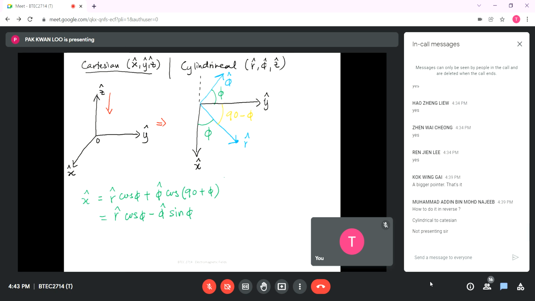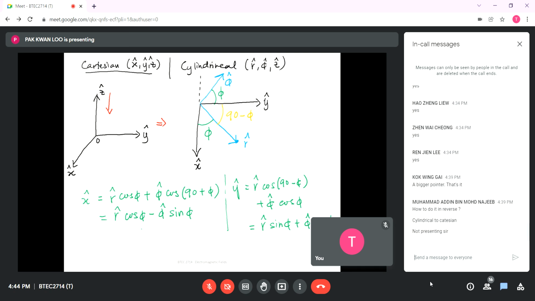So what about y? Y cap: projecting r cap to the y direction and projecting phi cap to the y cap direction. So this is r cap sine phi plus phi cap cos phi.